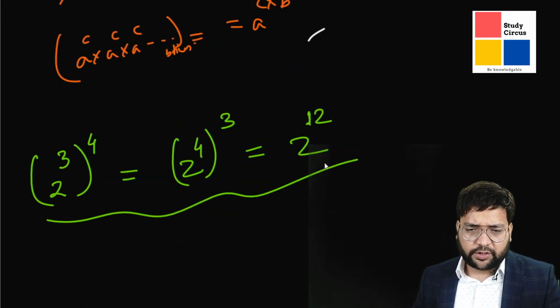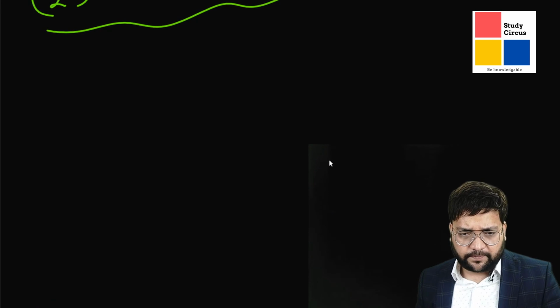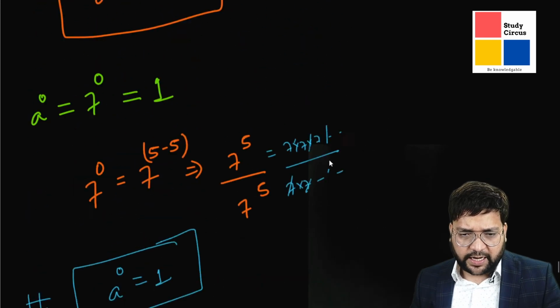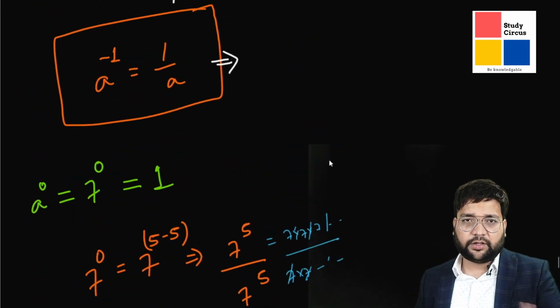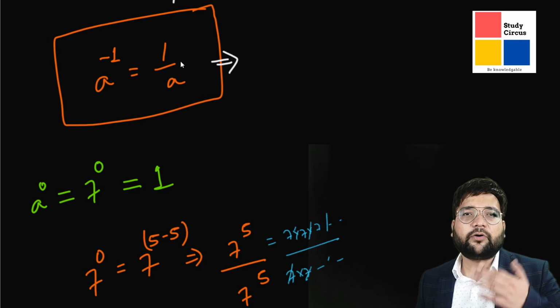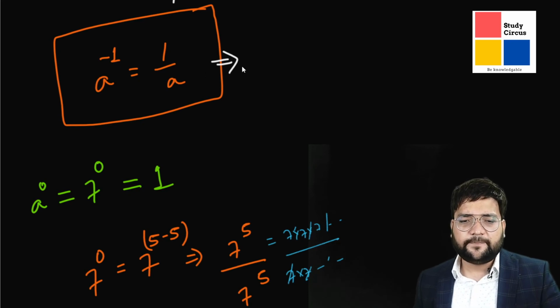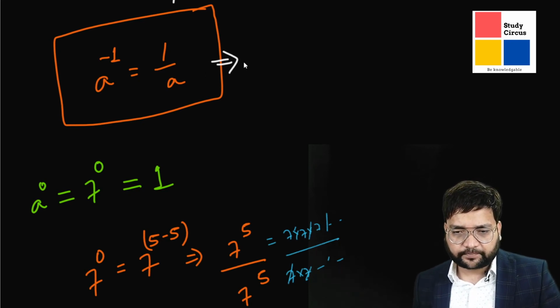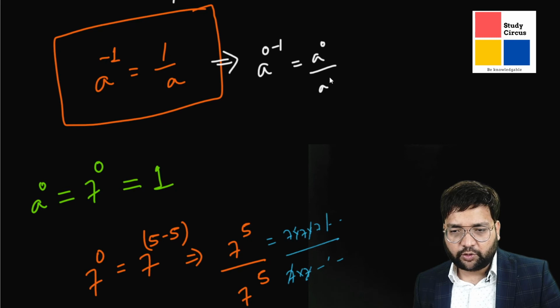From here I can say we just saw that a to the power minus 1 is the reciprocal. Any number to the power minus 1 is the reciprocal of the number. Why? We just saw: a to the power minus 1 is a to the power 0 minus 1, that is a to the power 0 upon a to the power 1.